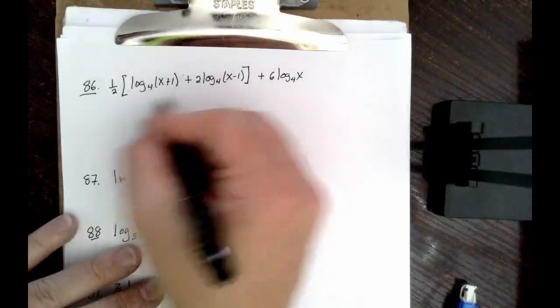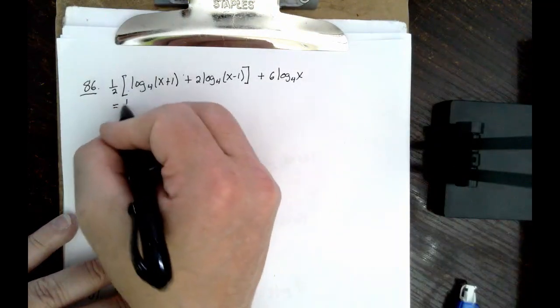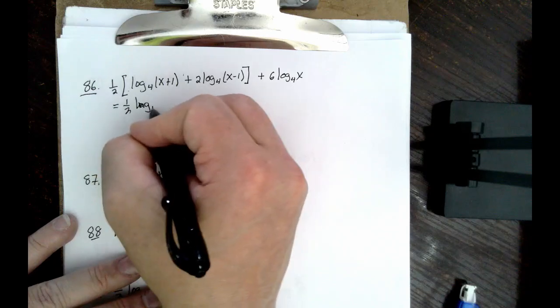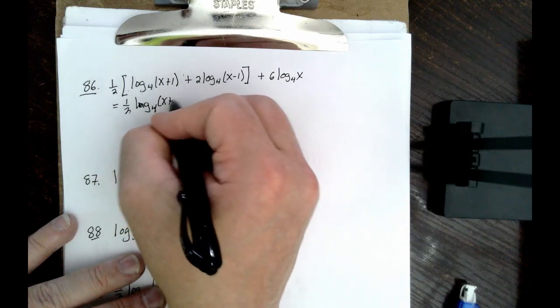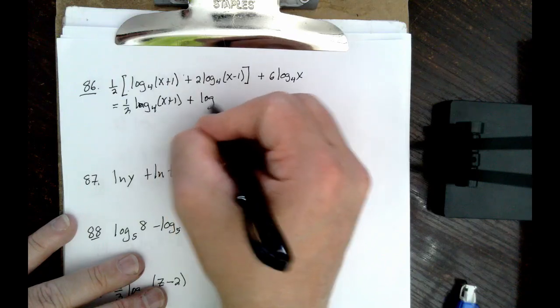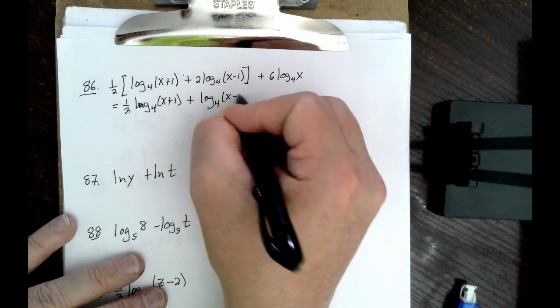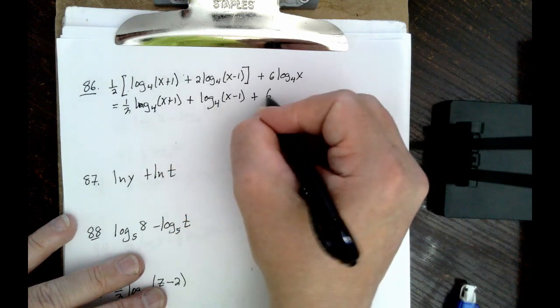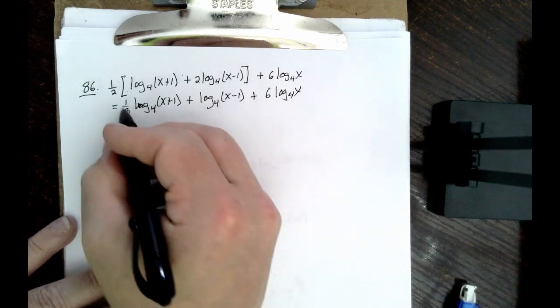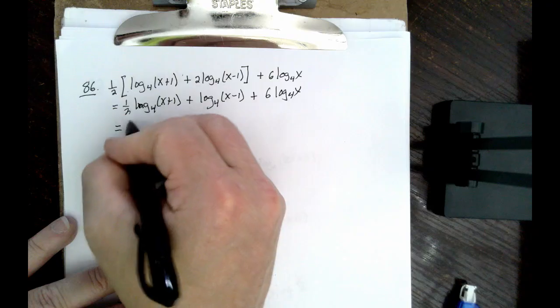Alright, 86. Multiply each of these by a half. One half times 2 is just 1. You don't have to write the 1. And now all these numbers in front become exponents.